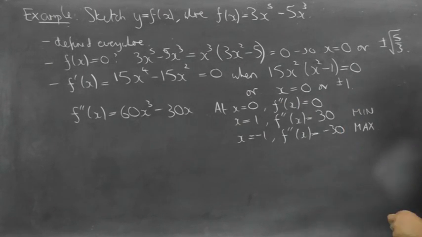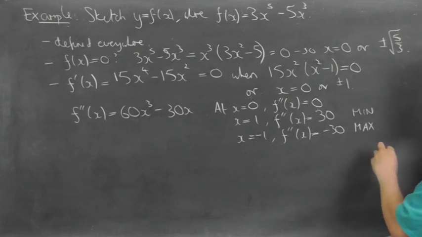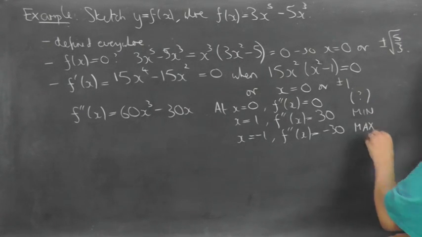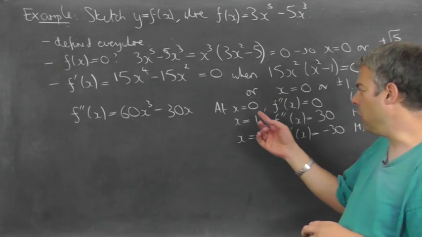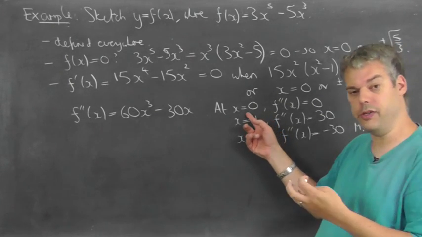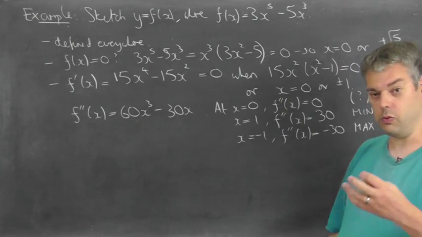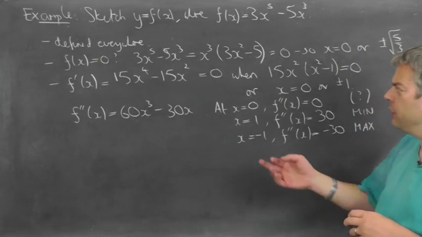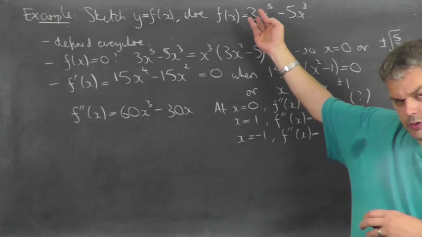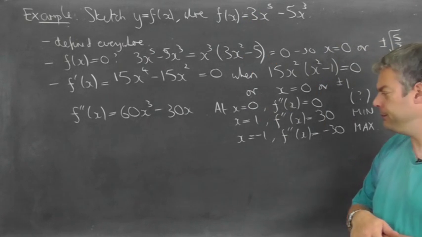And f double dash equals 0 needs more thought. Or if you like, we can choose a very small positive value of x and a very small negative value of x, x equals a half or minus a half or something, and just see whether you get something positive or negative.